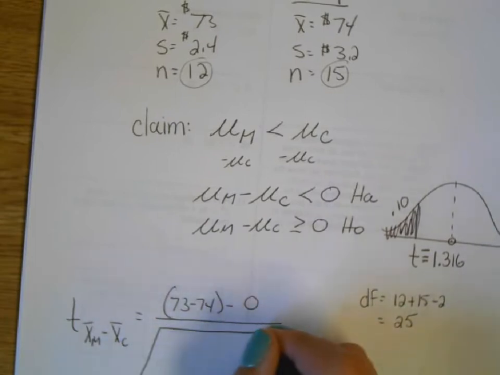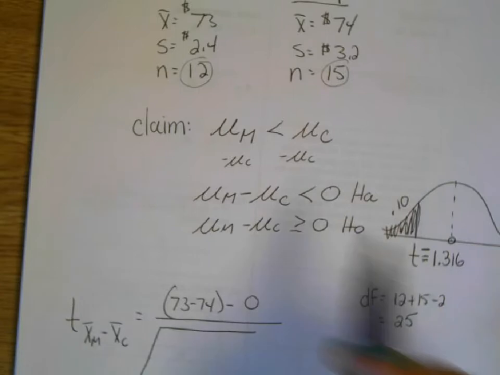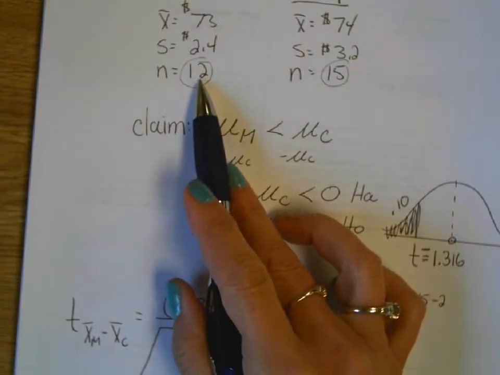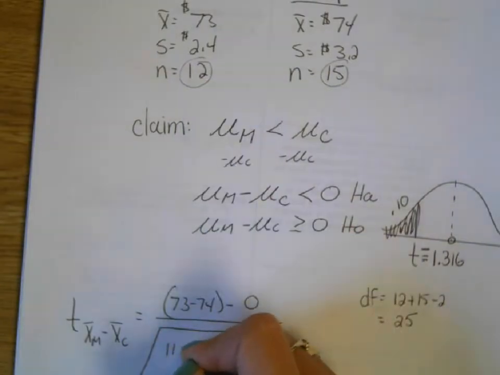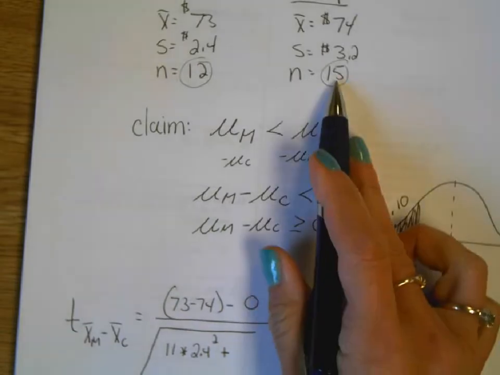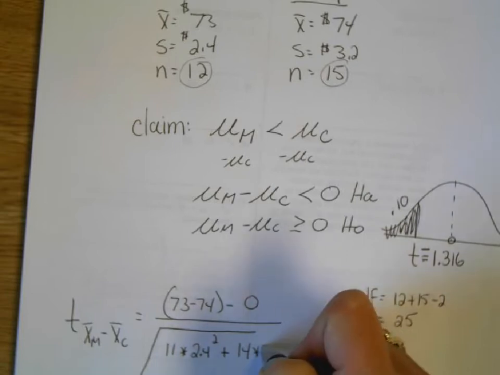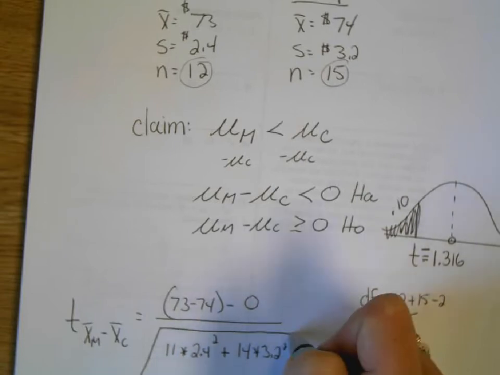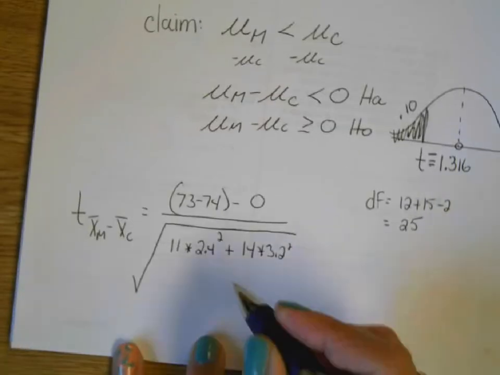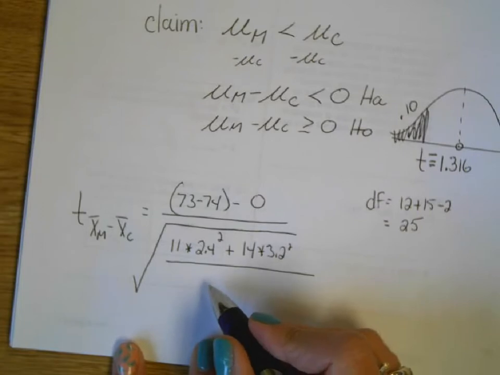Do yourself a favor and do a little bit of simplifying in this square root. The formula says to take n1 minus 1, so that's going to give me 11, multiplied by the 2.4 squared, plus 15 minus 1 will give you a 14, multiplied by the 3.2 squared, over n1 plus n2 minus 2, which you already did.